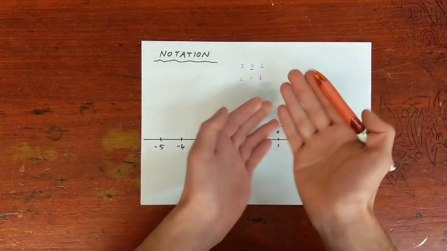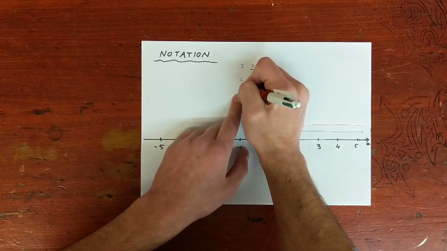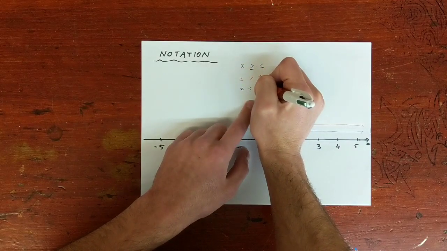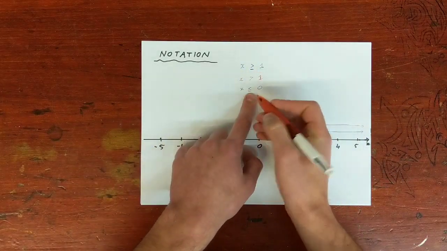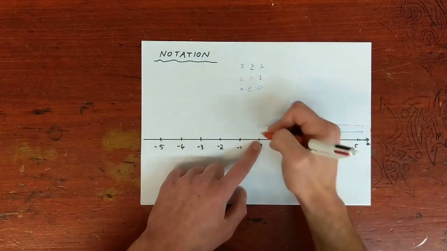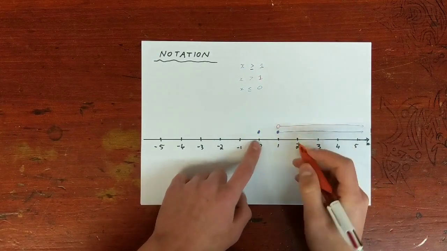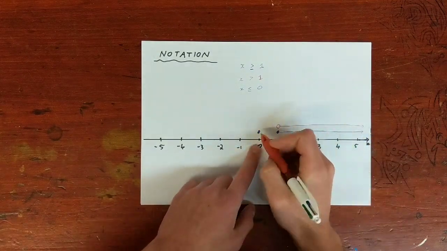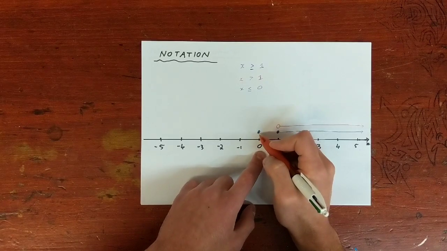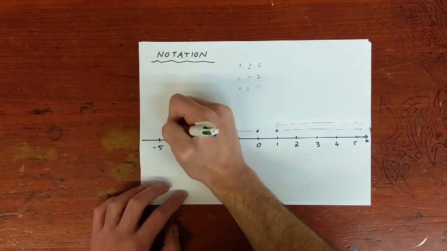We could of course flip those symbols around. Let's say for example I had this. This is the opposite, so it now means x is less than or equal to 0. I'm going to represent that with something pretty similar to this one, but now x could be 0 or anything less than that, so off in that direction.